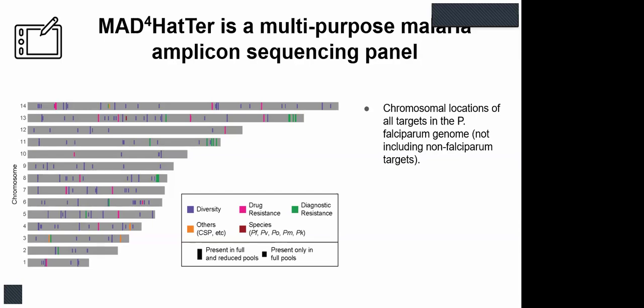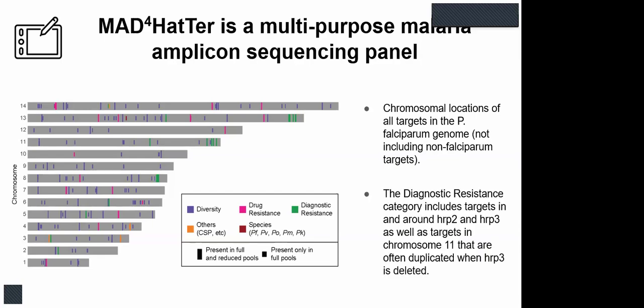So you can see that we target different parts of the chromosomes. The diagnostic resistance category basically includes the targets around the HRP2 and 3 deletions, as well as targets in chromosome 11 that are often duplicated when HRP3 is deleted.